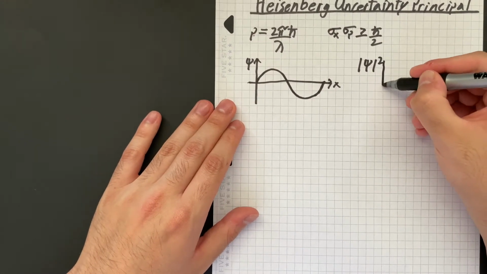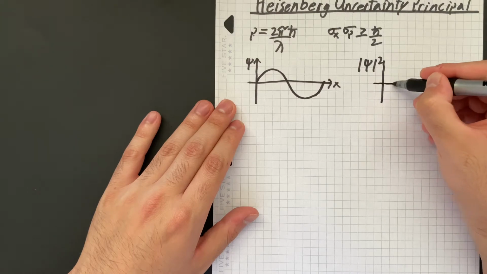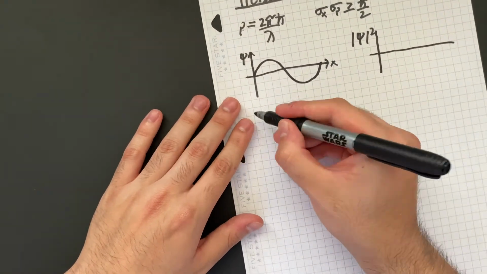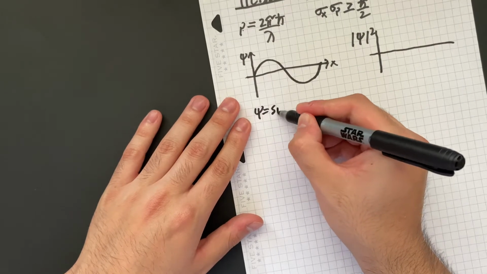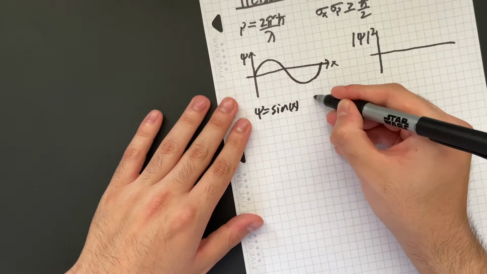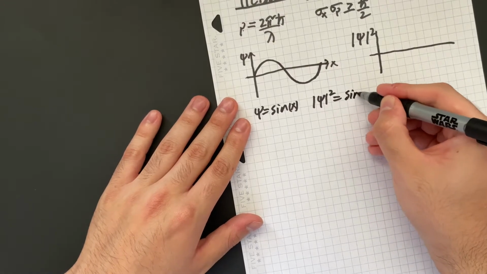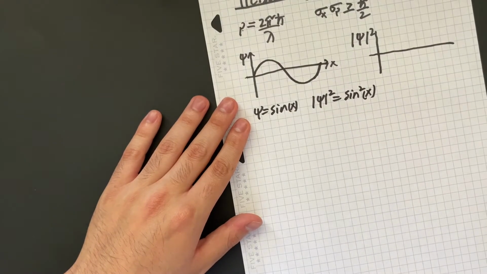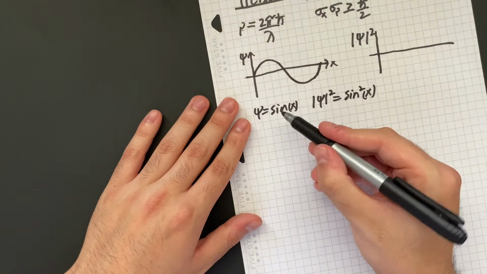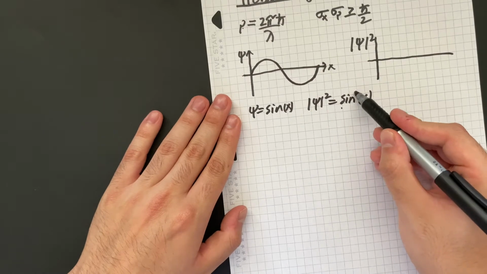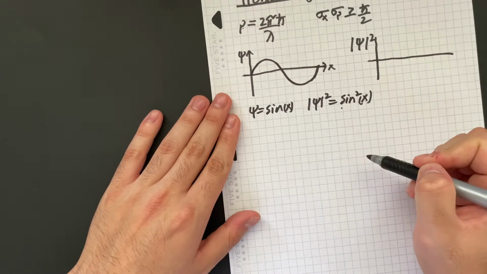Say psi equals sine of x, the modulus squared is just going to be sine squared of x, because there is no complex part in sine of x, so it's just the wave function squared.